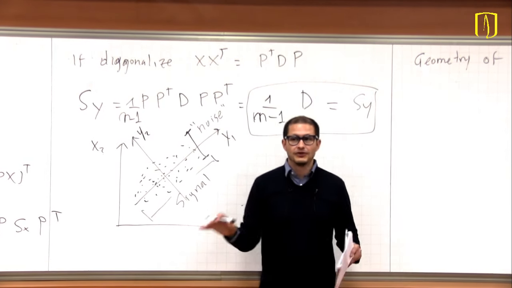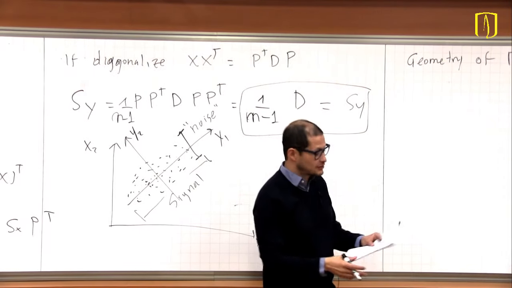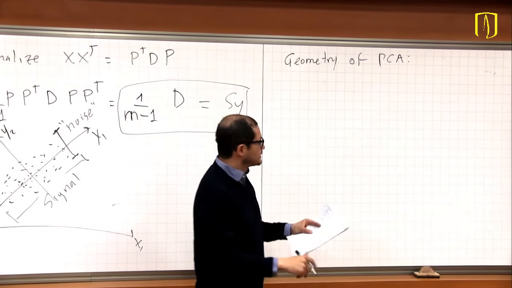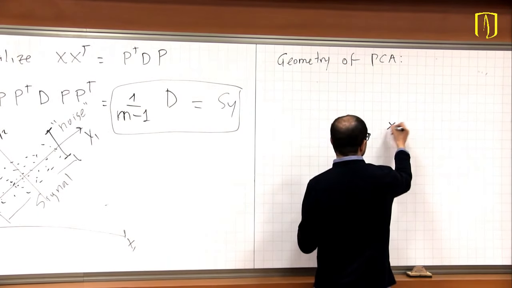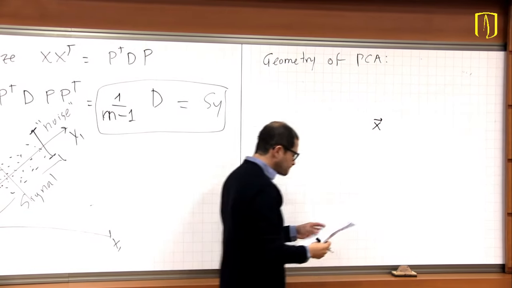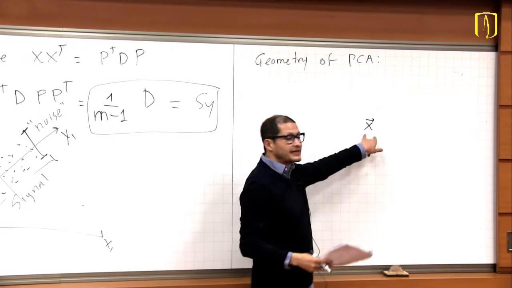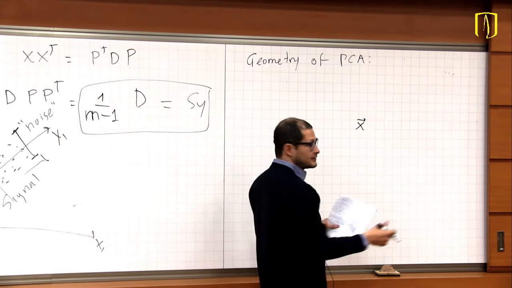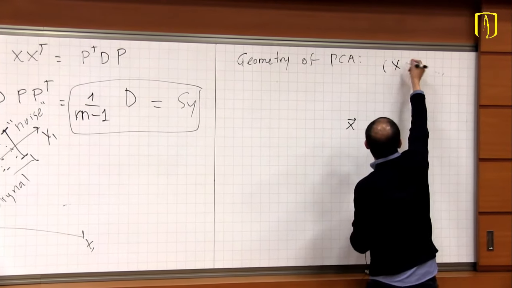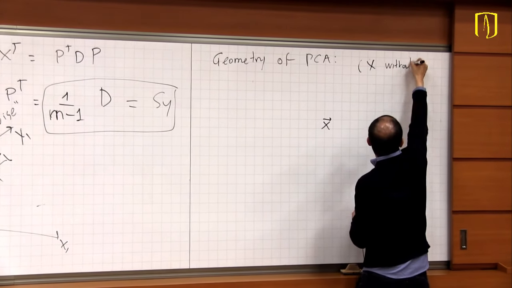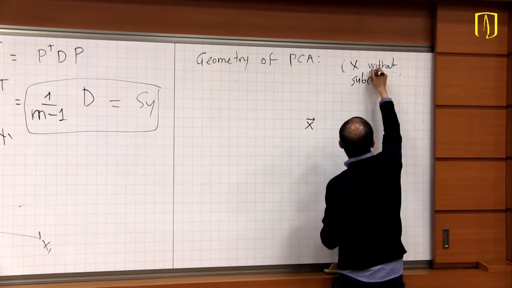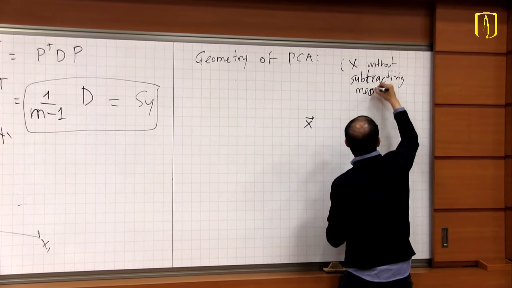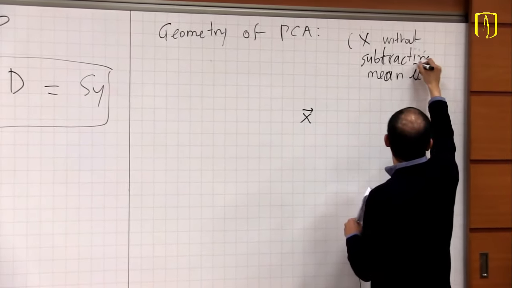Let me try to argue this geometry. You have a space, say 3D, where my data set lives. You have, say, one point x here. This is unshifted, so before subtracting the mean mu. So I'm back to x.